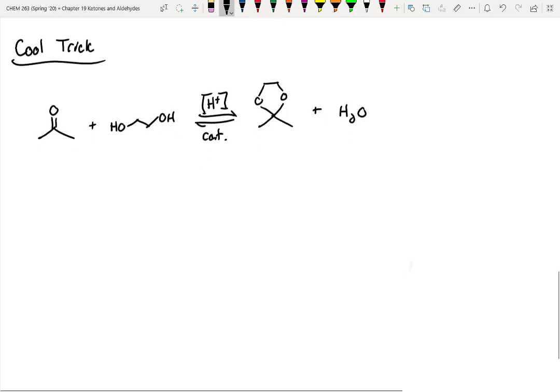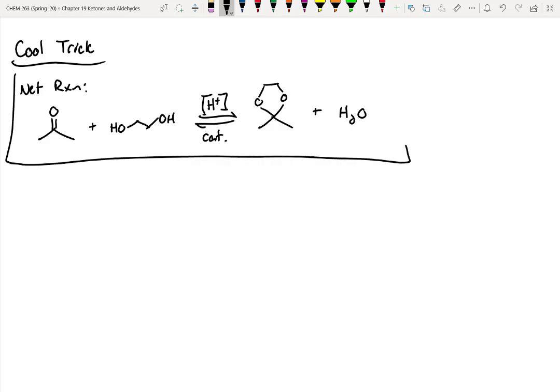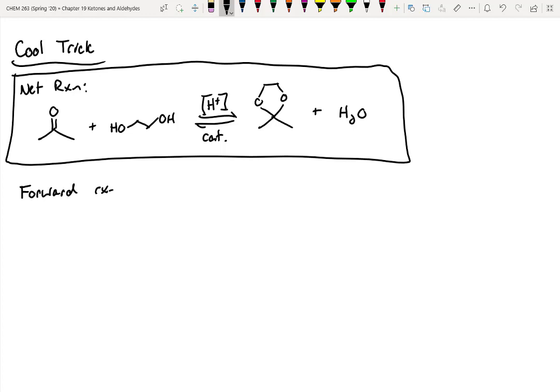All right, so this is the net reaction. So like I said, we can get this reaction to go one way, meaning we can drive it to product formation. So what I'm going to do is block this out, and I can say, all right, let's do the forward reaction.